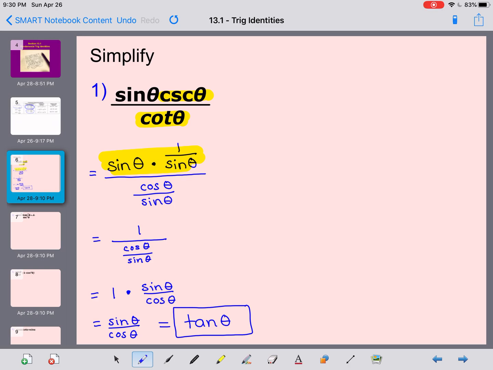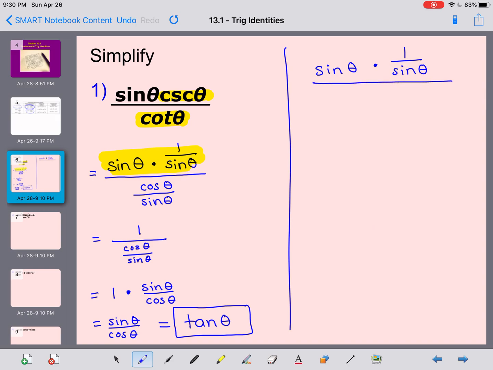Now, there was a little bit of an easier way to do this question. I'm going to show it here on the side. So first step, I would have still done the same thing in the numerator, but I would have kept my denominator the same. In the numerator, that all becomes a 1, just like it did before.